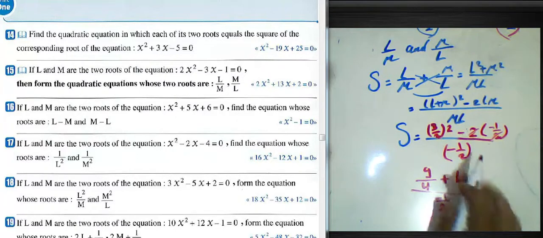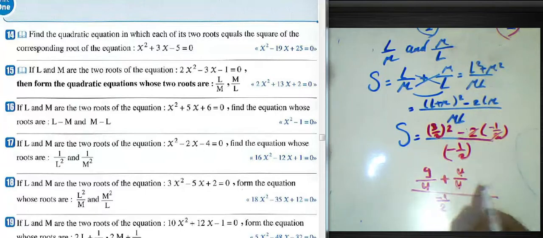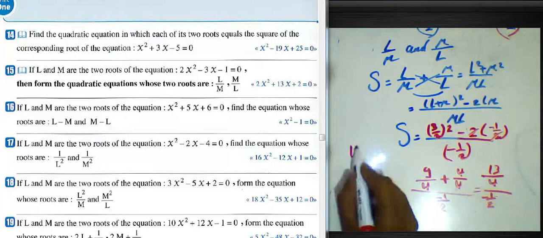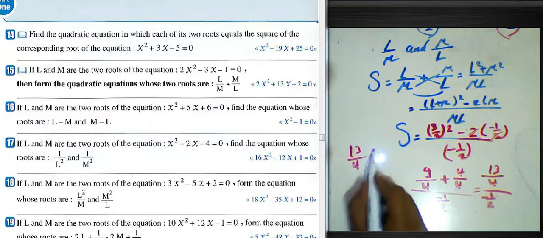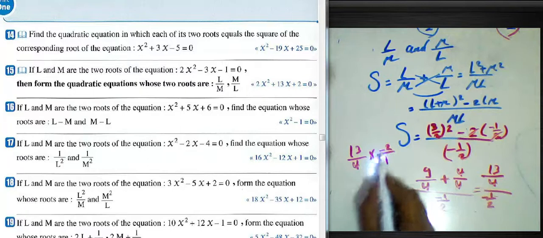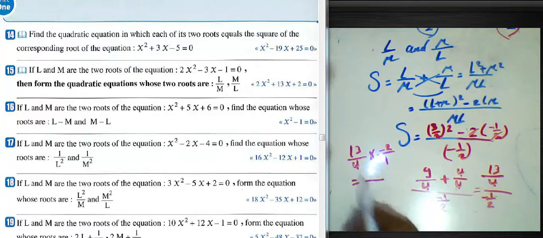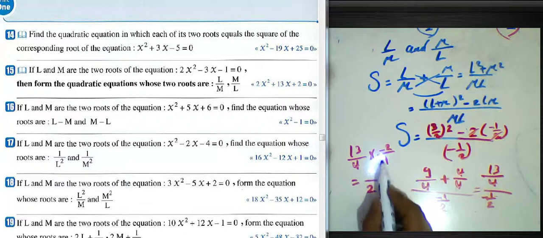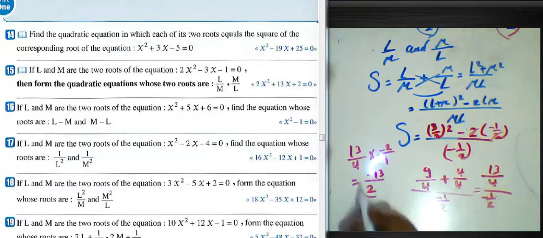We can cancel the 1 to be 4 over 4, and we can find the result: 9 plus 4 equals 13. So we have 13 over 4 divided by negative half. We can simplify it: 13 over 4 multiply negative 2 over 1. We can divide by 2: 4 divided by 2 equals 2, 2 divided by 2 equals 1. Negative 1 multiply 13 equals negative 13. So the sum will be negative 13 over 2.